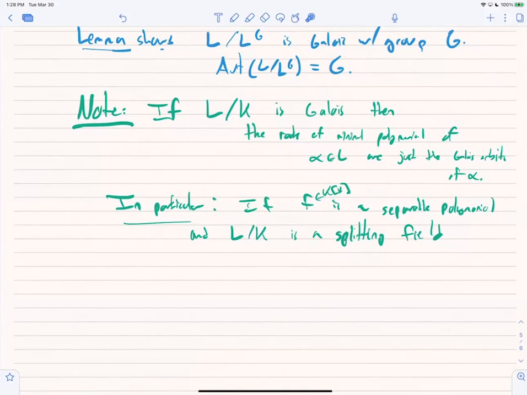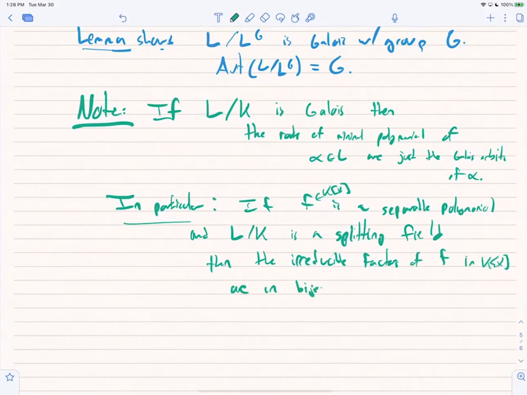So if you take a splitting field of a separable polynomial, then the irreducible factors of f in K[x] are in bijection with the orbits of the Galois group of L over K.